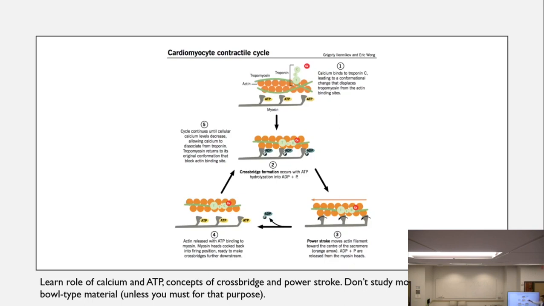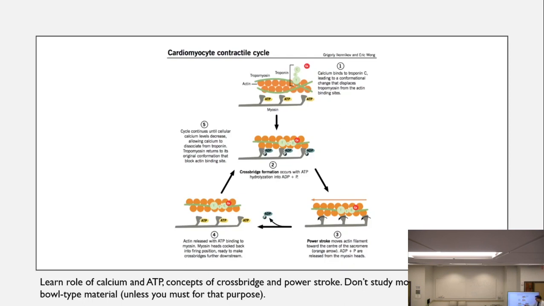Now, if you move to number 3, we have what we call the power stroke. This is the actin and the myosin head. It's going to pull. That is the power stroke. Notice what is happening now: the ADP and the phosphate are released. This ADP is going to look for another P to form ATP again.